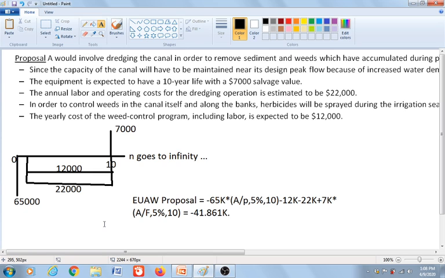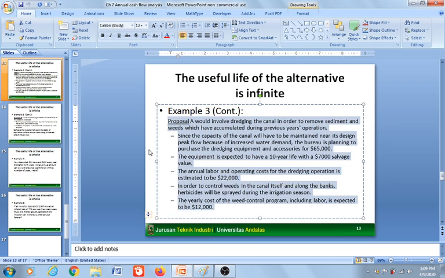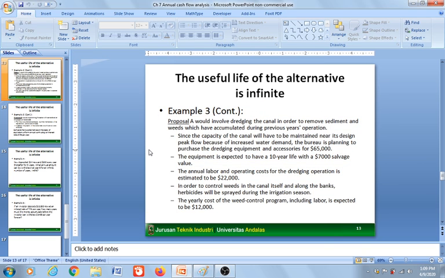Okay, I think I need to come back to the problem. Proposal A would involve dredging the canal in order to remove sediment and weeds which have accumulated during previous years' operation.